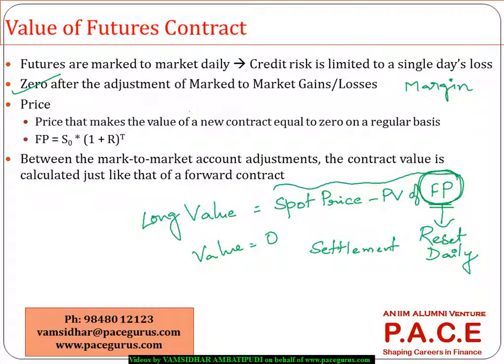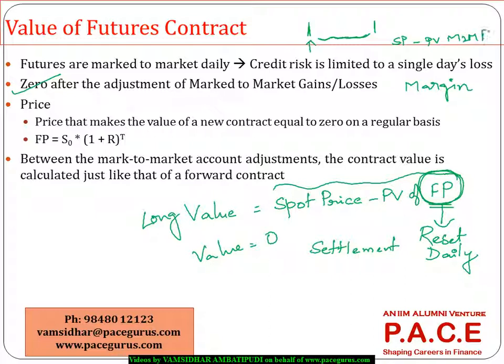Between two mark-to-markets, today's settlement price and tomorrow's settlement, the value is nothing but the spot price minus the present value of the previous mark-to-market price.